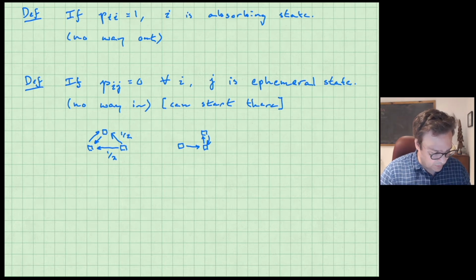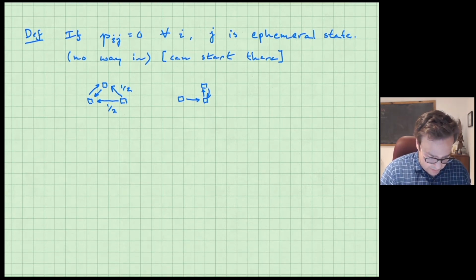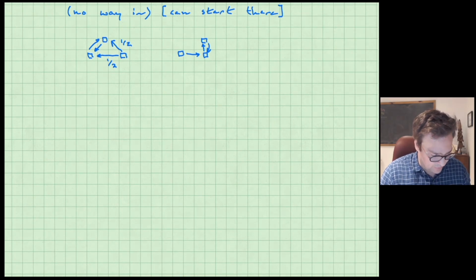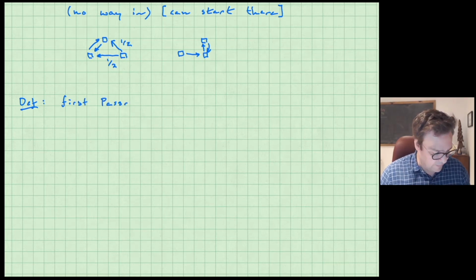Okay, the next thing we're going to introduce is a little bit more complicated. So it's not just introducing a particular state. We're going to introduce something called the first passage probability. And the label for it looks like this.